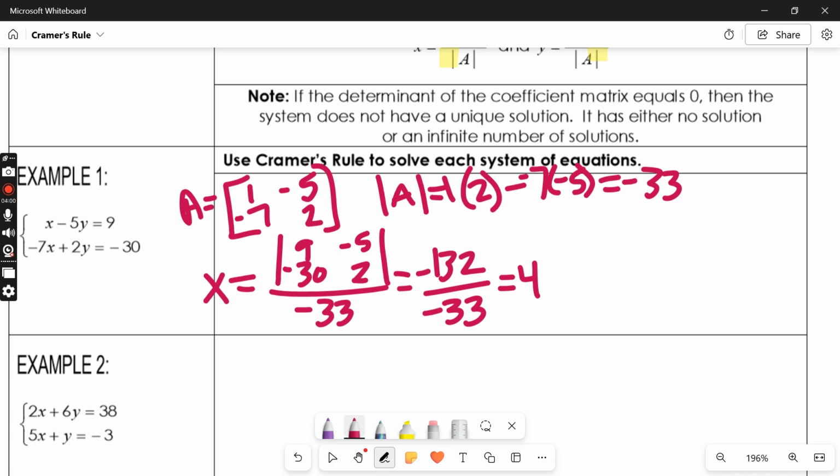Okay, then I'm also going to find y. This time, I'm going to leave the x values alone, so 1 and negative 7 for my coefficient matrix. And then I'm going to replace the y values with 9 and negative 30.